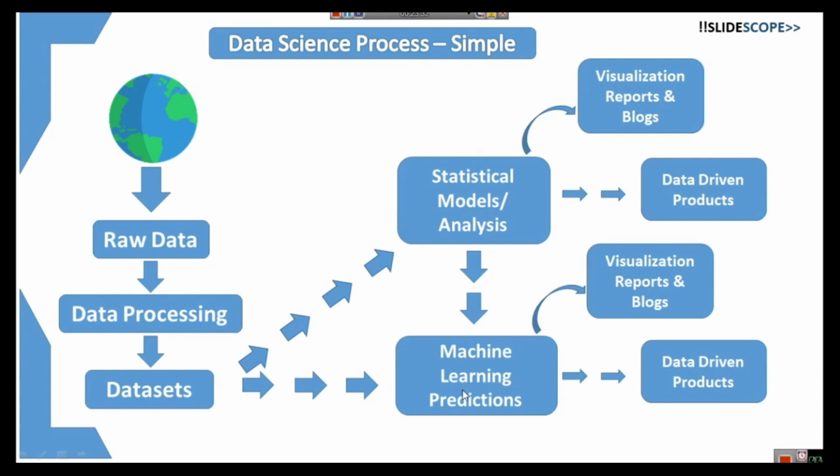Now, what is machine learning predictions? So things like driverless cars. Based on the input and output data, or based on the patterns that are there on road and coding knowledge, driverless cars can drive without the help of human interactions.